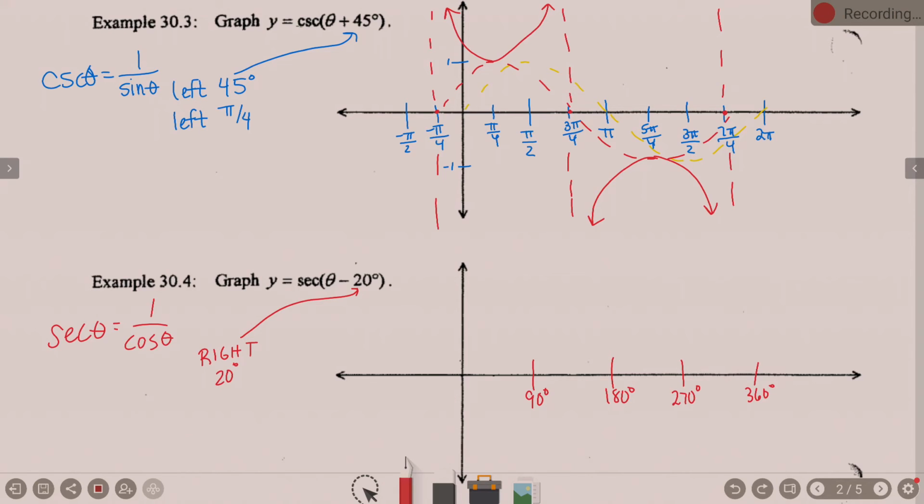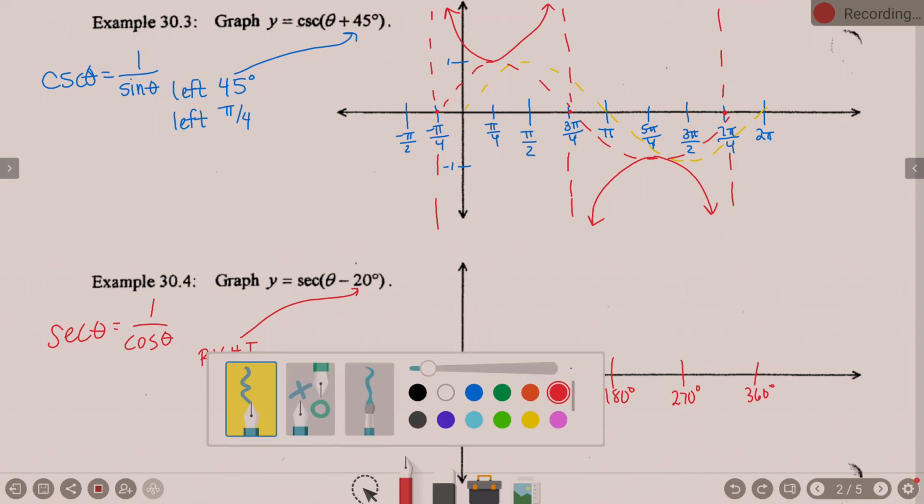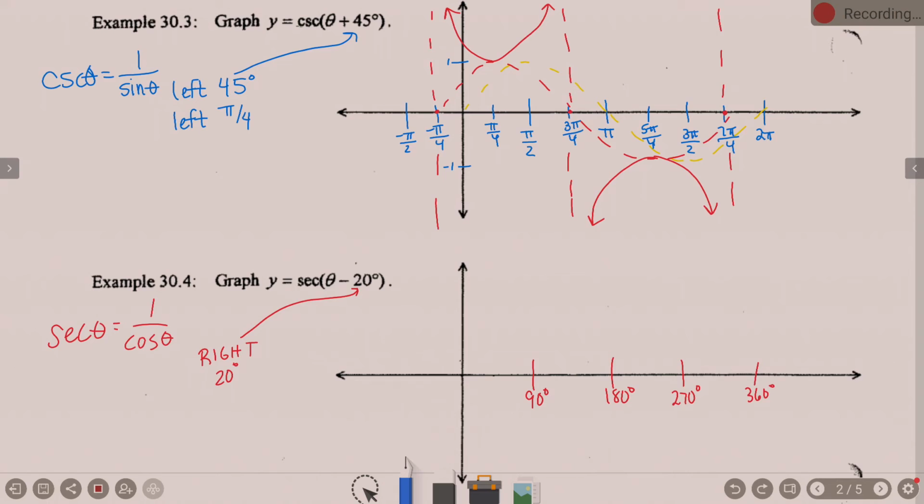So 90, 180, 270, 360. And where are we going? To the right 20 degrees. Sounds like tons of fun, doesn't it? So right 20 degrees. I mean, you could go in and label these all by 10 degrees or something fancy like that. Or here's what I'm going to do.